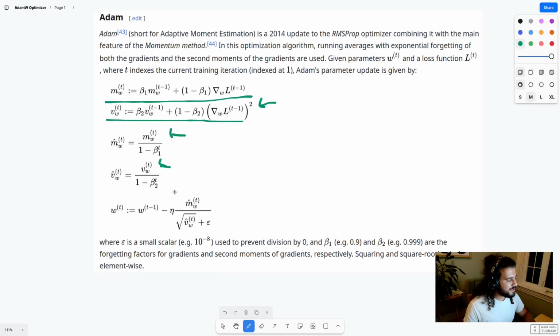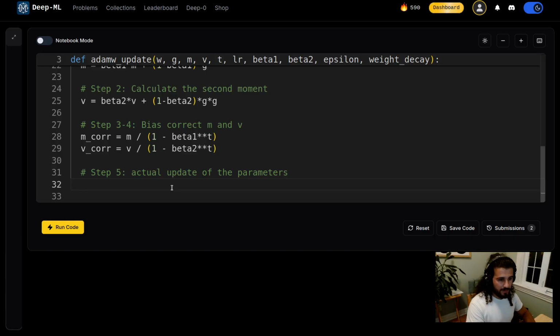So in this case, you have your previous weight W, minus the learning rate times the m corrected divided by the square root of v corrected plus epsilon. What do we have? We have W equals W minus the learning rate times m corrected divided by the square root of v corrected plus our little epsilon.